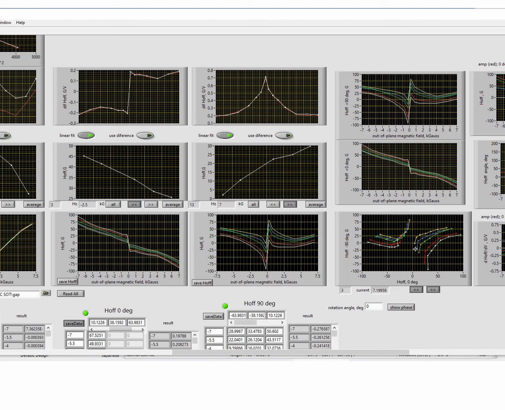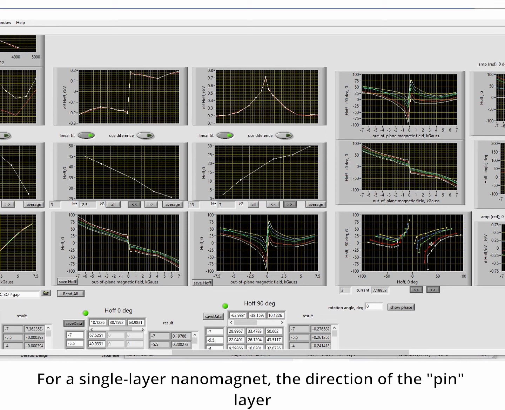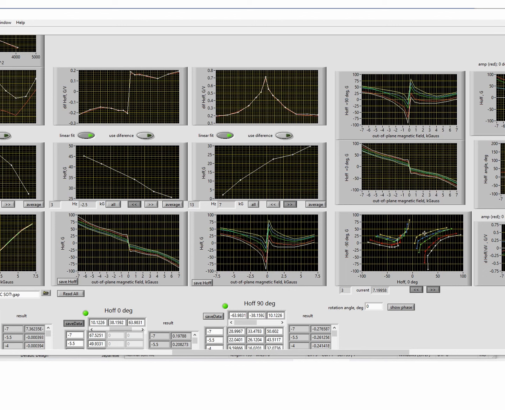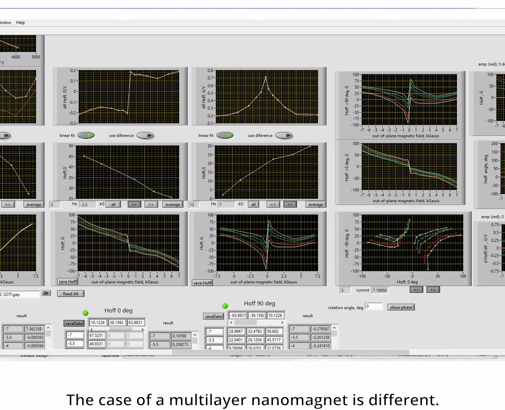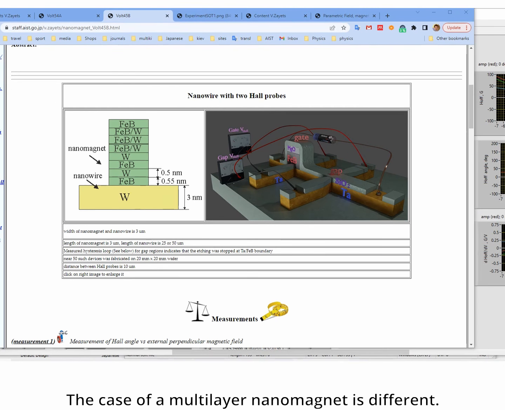This is a graph for a single layer nanomagnet, like this. And from this graph we can conclude that the direction of the pin layer should be adjusted to about 45 degrees with respect to the current direction, like this. The case of a multi-layer nanomagnet like this is different.